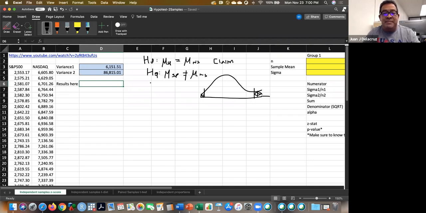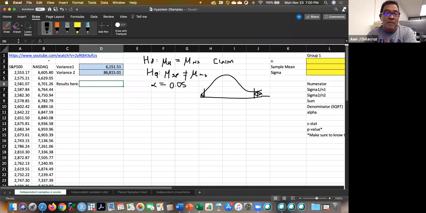In this case, I am going to assume an alpha equal to 5%. So how wrong do I want to be? Well, just 5%. I don't want to be too wrong. I can do it at the 1% level of significance. I can do it at the 10% level of significance. Just remember, people, you are dealing with money here. So 5% might be good.